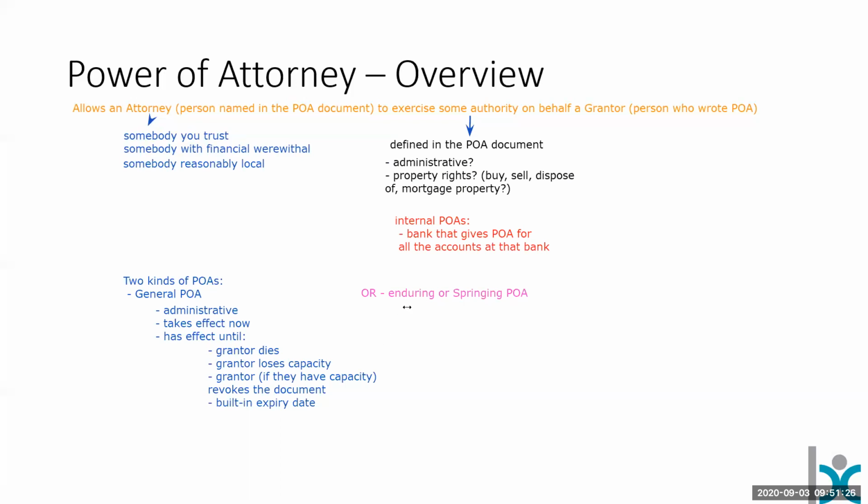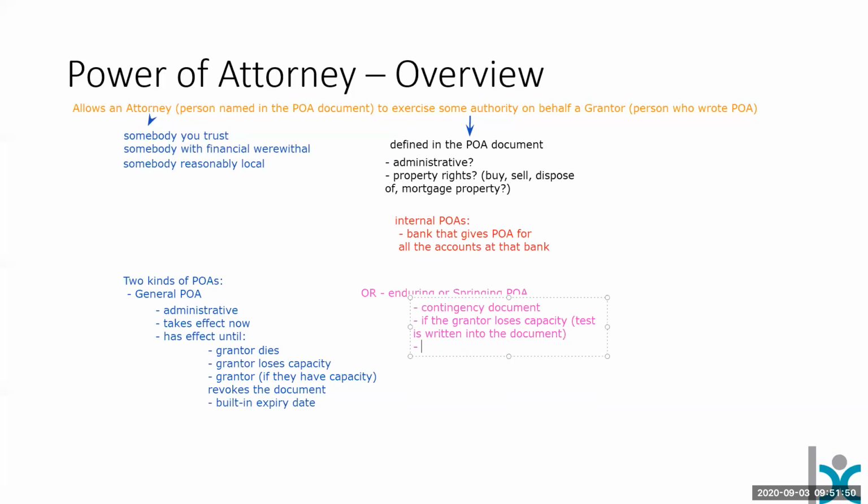So this is really more of a contingency or medical type document. The idea here is if the grantor loses capacity, and generally speaking, the test is written into the document.